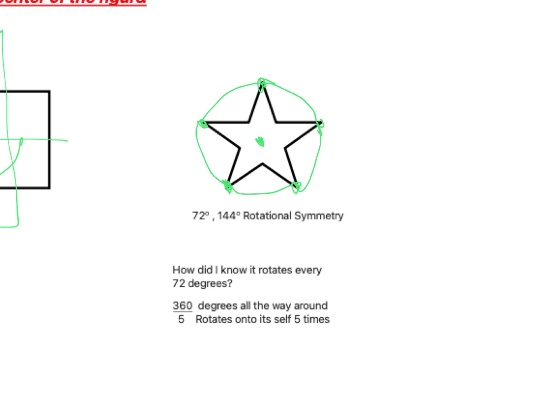To figure out how many degrees it is, we know that all the way around is 360, and it is making 1, 2, 3, 4, 5 stops along the way. So if we divide 360 by 5, we get 72. So it will have rotational symmetry at 72, 144, and then we could continue to add 72 until we get to 360 degrees.